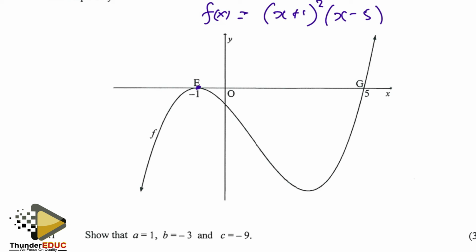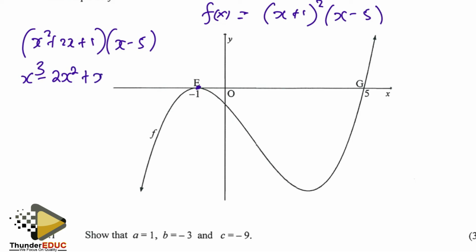So when I open the first one, that's going to be x squared plus 2x plus 1. Then I'm going to multiply it with this. So when I open this up, it's going to be x cubed minus 2x squared plus x. And then minus 5x squared minus 10x minus 5. This is going to be x cubed minus 5x squared.